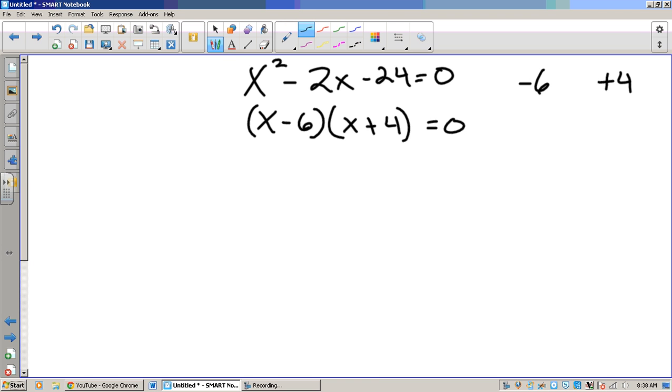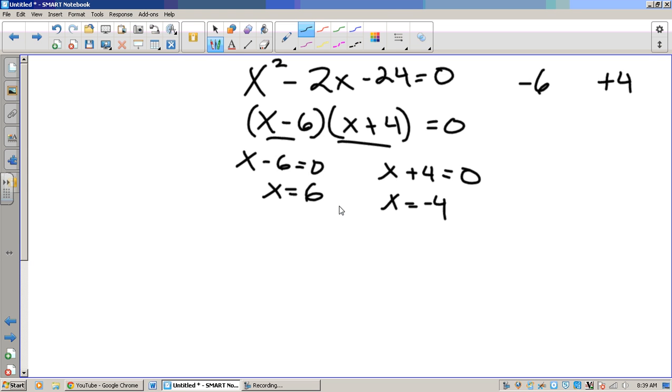And to answer your question, does x equal -4? That is correct, but it also equals +6. Because if we set this equal to 0 and we set this equal to 0, if either one of these two binomials equals 0, we know that the equation is going to equal 0.